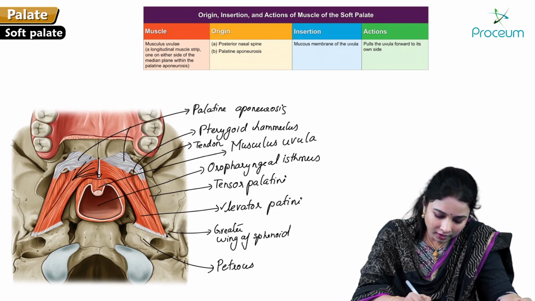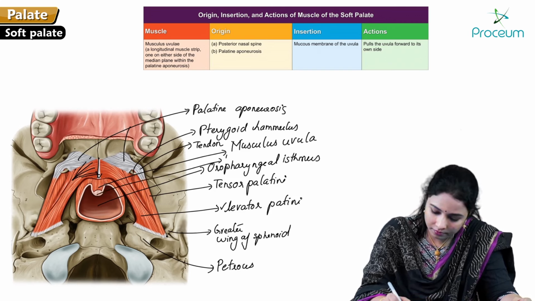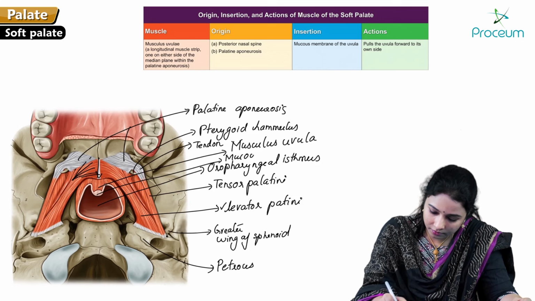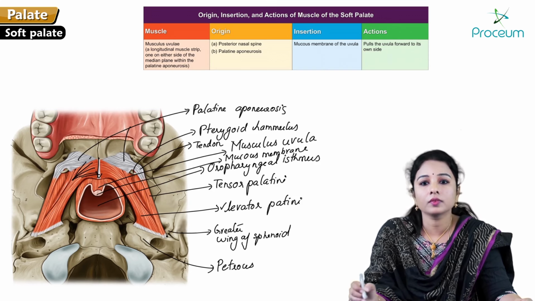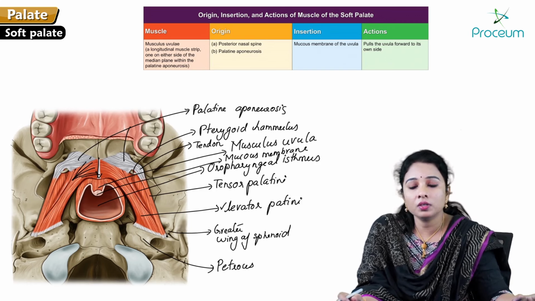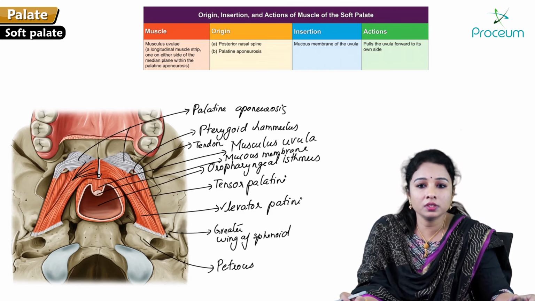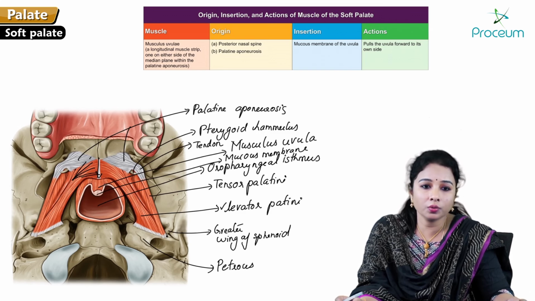So the action of the muscle is to pull the uvula forward on its own side.